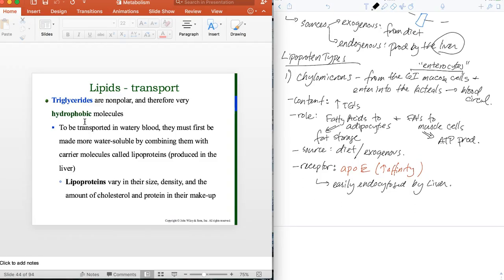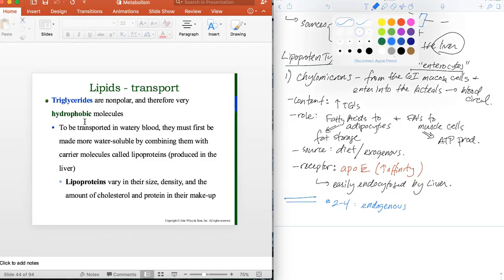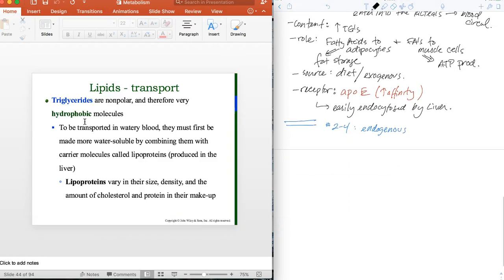All right. All the other ones that we're going to list, numbers 2 through 4, are produced by the liver, so they're all going to be endogenous. So let's go to number 2. Number 2 is called a VLDL.